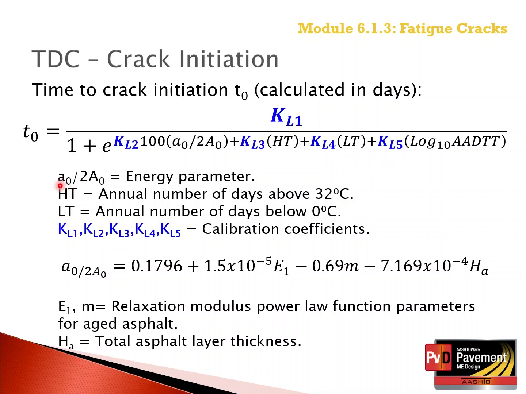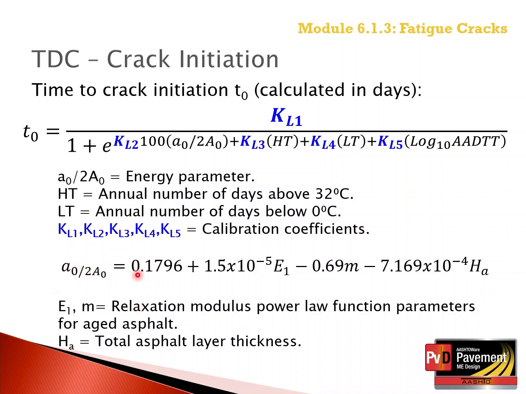That is dependent upon a term called the energy parameter, capital A subscript O, as well as the average annual daily truck traffic, and the annual number of days above 32 degrees centigrade and the annual number of days below 32 degrees centigrade. In other words, the HT and LT parameters.